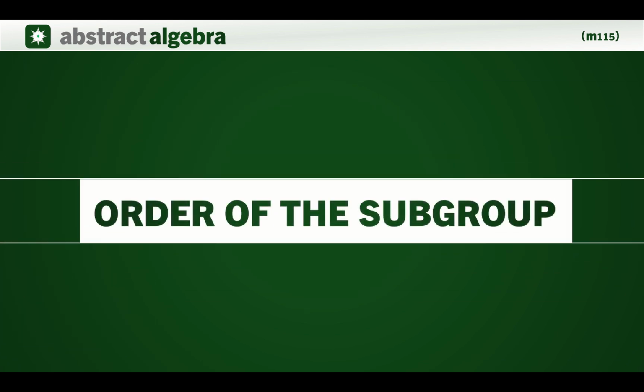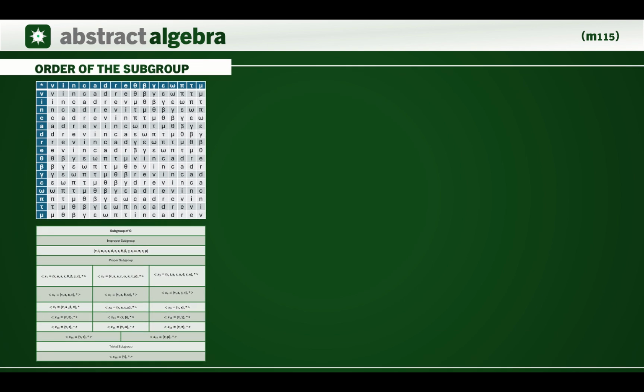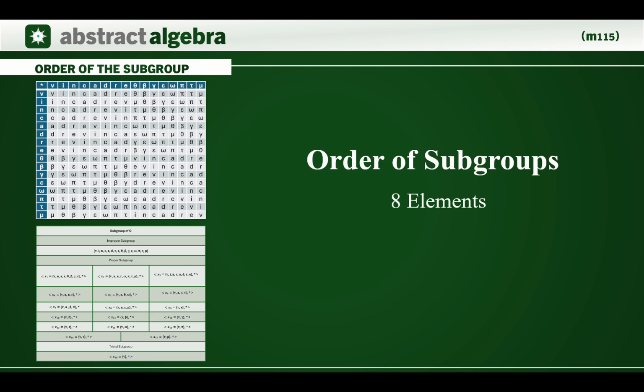Next, we are going to explore the order of the subgroup. For the order of the subgroups, we have 8 elements. This means that some of our subgroups have 8 elements.